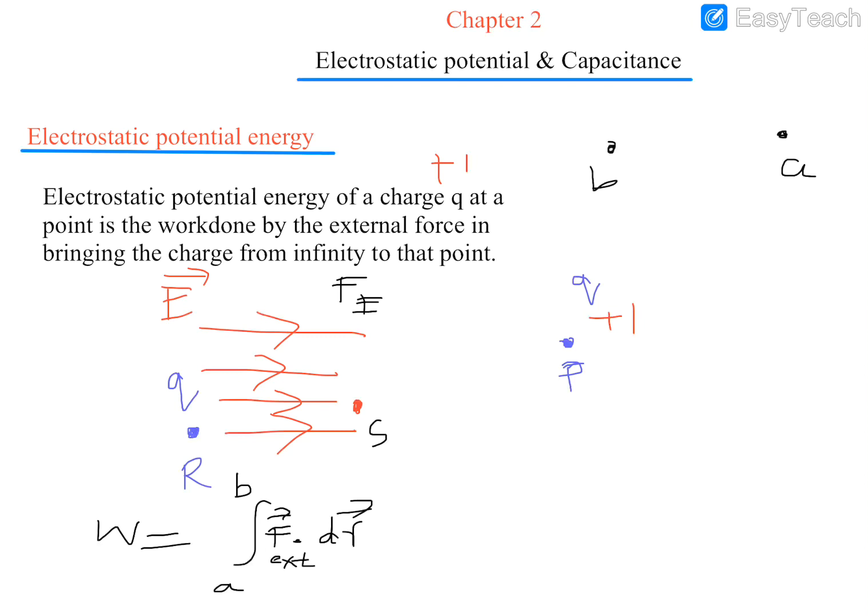So if the charge is not a plus 1, then it is called electrostatic potential energy. But if the charge is specifically a unit positive charge which you are bringing, then the amount of work done is called electrostatic potential instead of electrostatic potential energy.